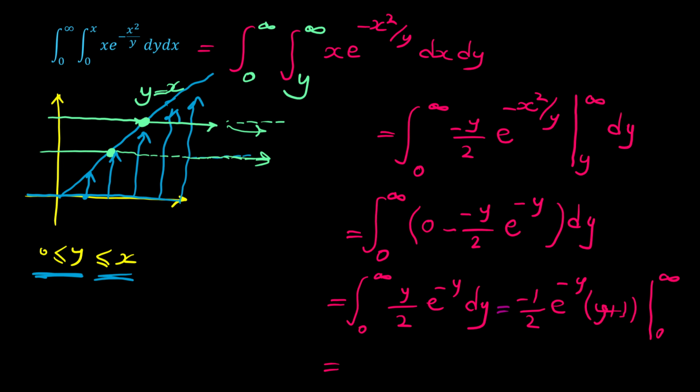But the thing that is important here is to notice that you substitute infinity also here, and this is also infinity. This is 0, this is infinity. 0 times infinity is not necessarily 0. So this is an indeterminate form, and you have to use something like L'Hopital to find this. But for now, let me tell you, when we substitute the infinity, this is 0, this is infinity, 0 times infinity, in this case is 0.